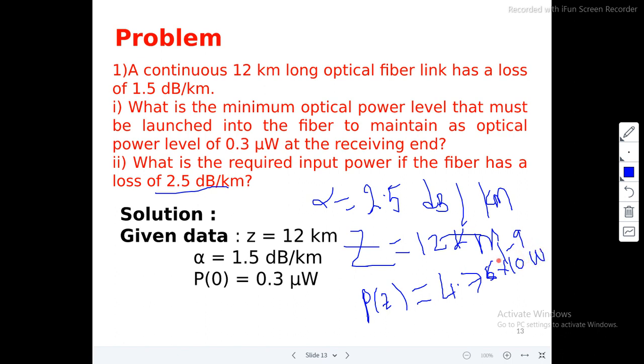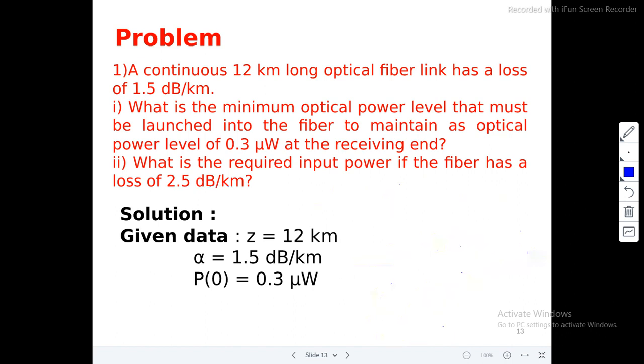Okay, now what will be calculated in this problem? Calculate the input power. What is the input power? P of 0. By using the standard formula, you know the standard formula.